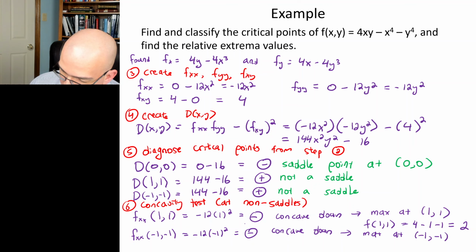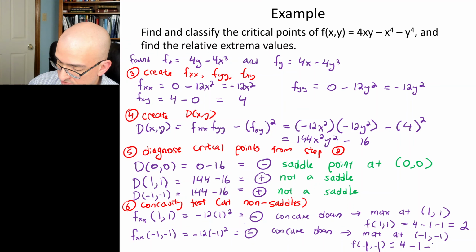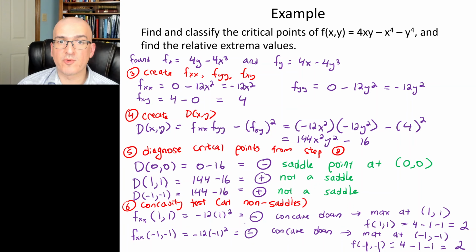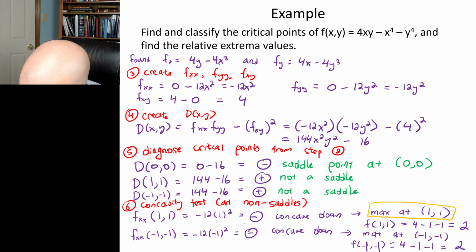Then we can find the z value. f of negative 1, negative 1 is equal to 4 times negative 1 times negative 1, which is 4. Negative 1 to the 4 is 1, so we also get 2. So 2 maxima, both with the same z value. No min.